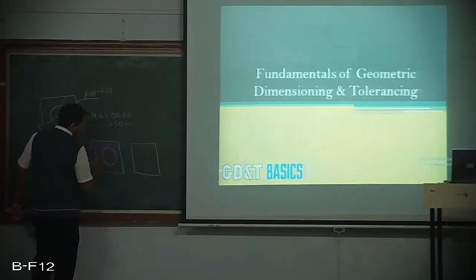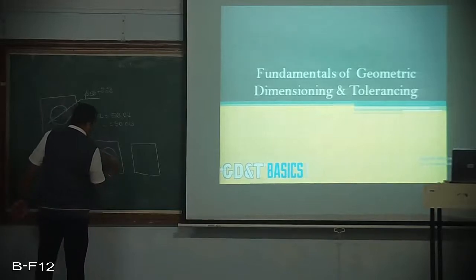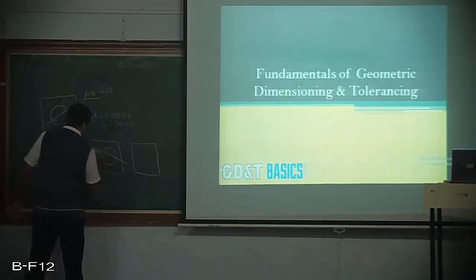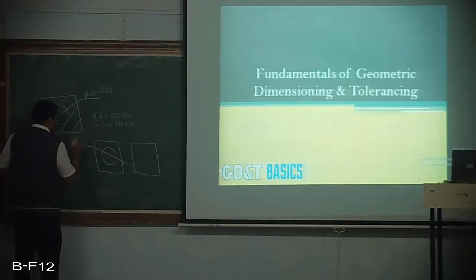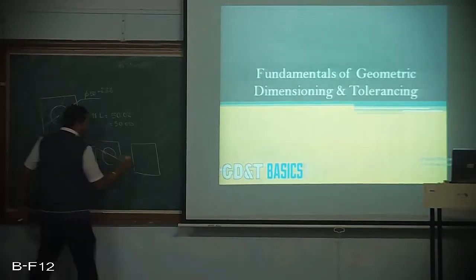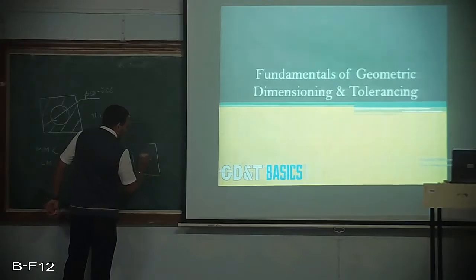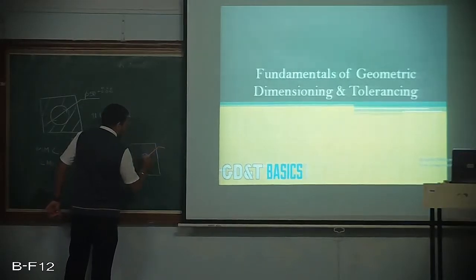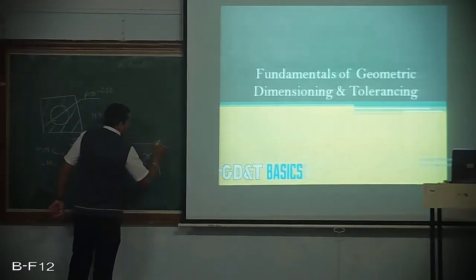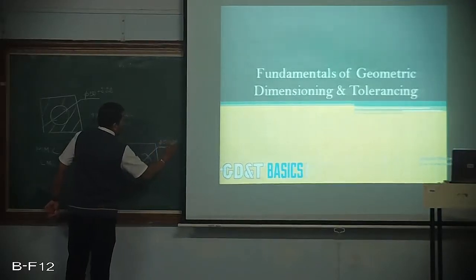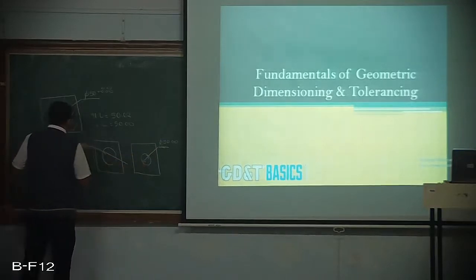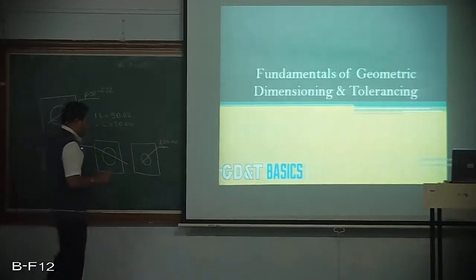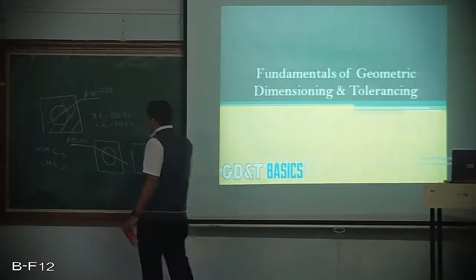Let us assume that this dimension is 50.02, and let us assume this dimension as 50, because 50 is always less than 50.02. Just to discriminate, I have drawn this hole slightly smaller than this, just for easy comparison. That is not a one-to-one dimension.